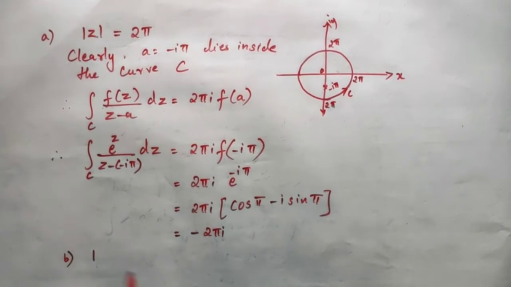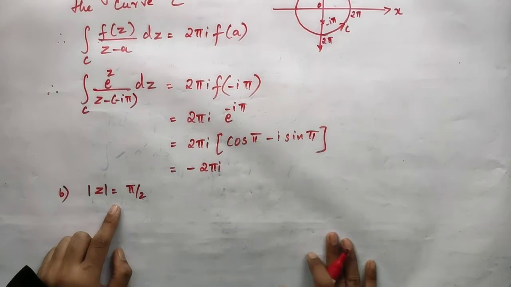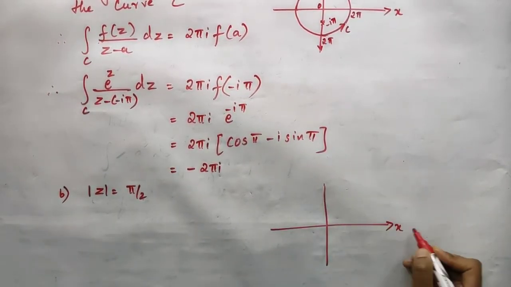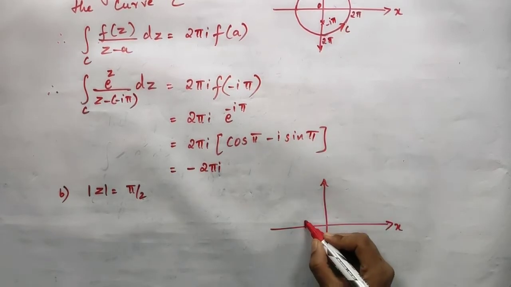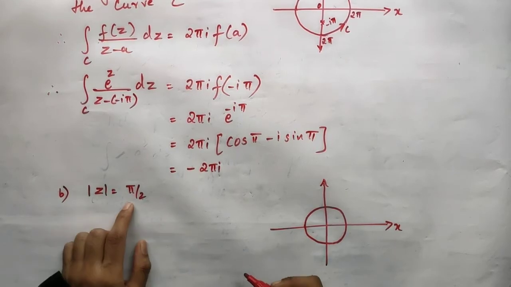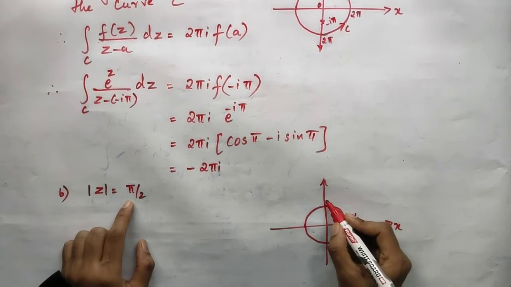We have mod of z is equal to pi by 2. The second circle is mod z, which is also a circle with radius equal to pi by 2. So if I draw the circle, will it not be something like this? Now since this time the radius is pi by 2, this will be pi by 2, and in negatives this is pi by 2.